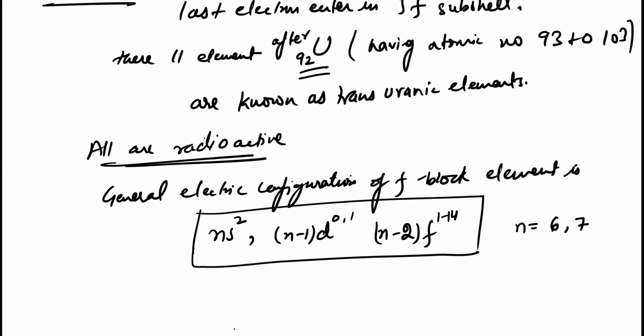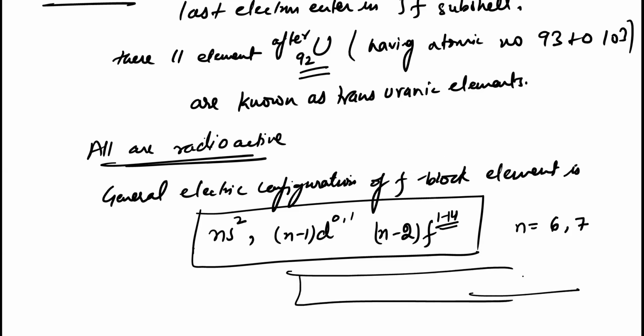Yes. And how many total elements are there in F block elements? Eleven elements after uranium are known as transuranic elements. But in total, the f orbitals can have 14 electrons, so there are 14 in the first row and 14 in the second row.